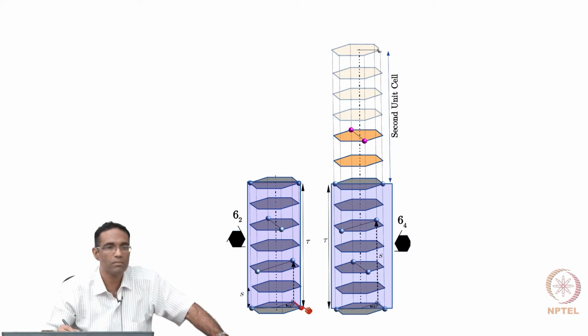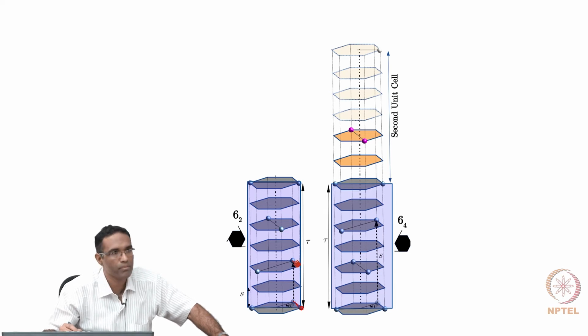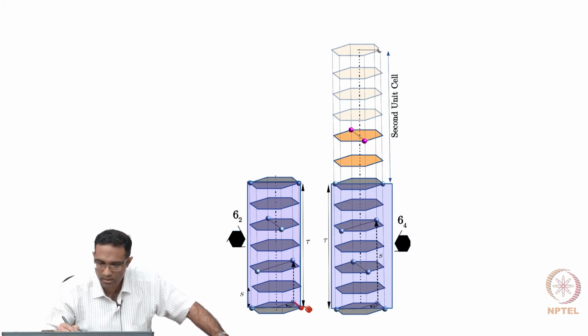So if I take this atom and rotate it by 60 degree and move it by 2/6 or 1/3 of the unit cell, it ends up here, right? Now I perform the operation again, it ends up here. Because this is a unit cell, there is an atom at this position, there should be an atom at this position, right?